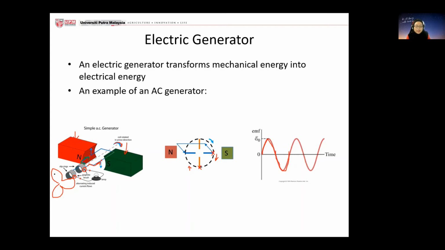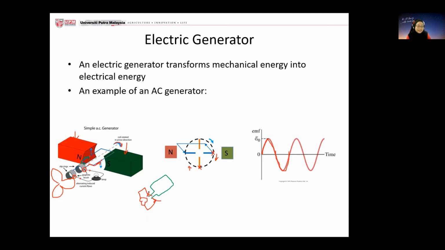So if you think of this as an actual setup, if you have your loop like that, and that is then connected to your circuit, so you have your lamp here. If it's turning, imagine what's going to happen to the wire here.